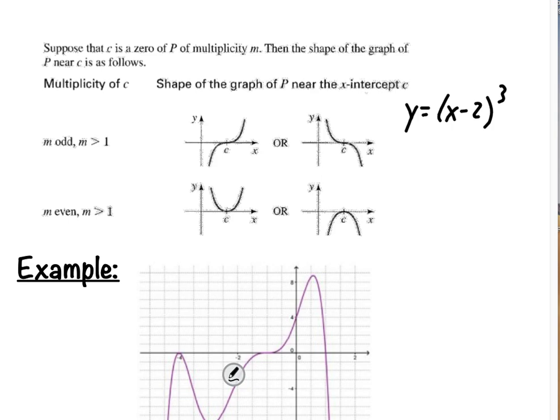So you don't literally put 3 dots on the graph at 2. You can only put 1 there, but it's a multiplicity of 3. Because it's x minus 2 times x minus 2 times x minus 2, you would have 2, 2, 2, but you only see one graphing-wise.